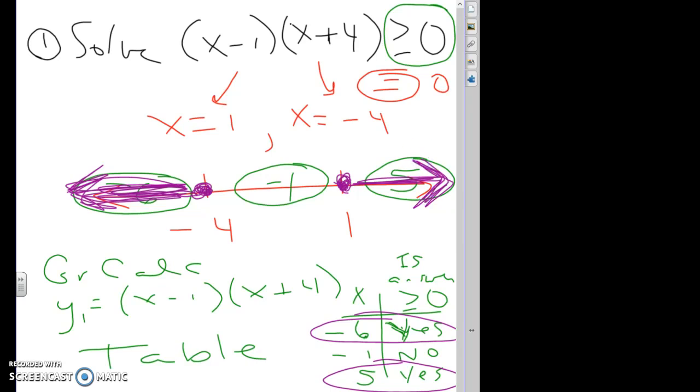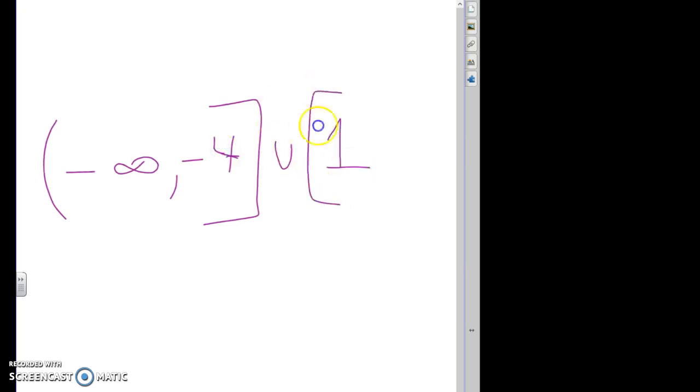Then we write the interval notation for those, which I'm going to write on the next page. Negative 4 and 1 get the bracket because it was the solid dot, the or equal to. And same reason right here. That would be our solution where both of those yeses were. Okay, all right, let's try another one.